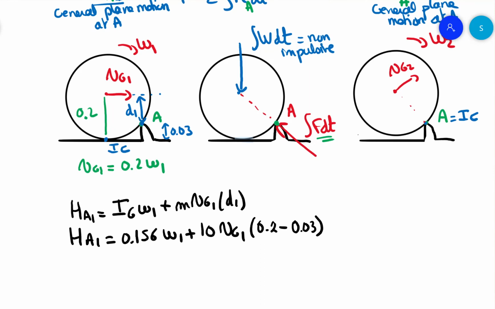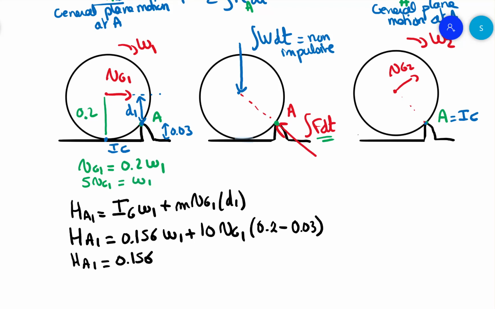Let's keep only omega or only VG1. Let's use VG1 because the question asks to find the minimum VG1 so the wheel is able to roll over this obstruction. So HA1 is equal to 0.156. We have VG1 equals 0.2 omega 1, so we can write that 5 VG1 is equal to omega 1.